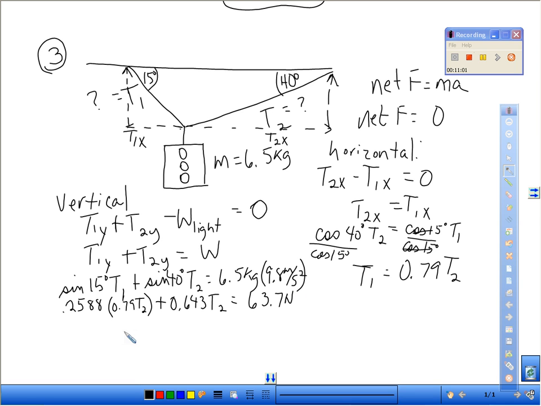So I now have 0.2588 times 0.79 plus 0.643. So if I do that correctly, T2 is equal to 75.1, and T1 is equal to 0.79 times T2.